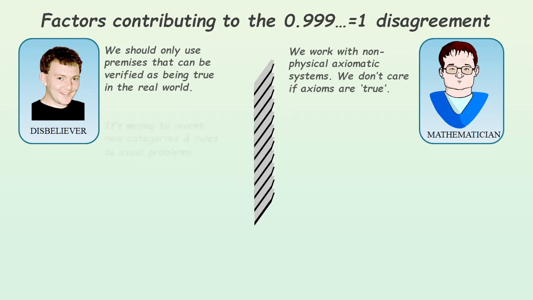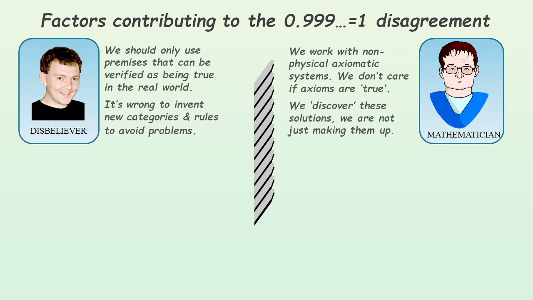Some of us might think it's absurd to sidestep contradictions by inventing new categories and creating new rules. But the mathematicians might claim that they are discovering these categories and these rules. We might believe we can't choose to accept one argument and reject another when both arguments use the same logic just switched around. But mathematicians think we can.